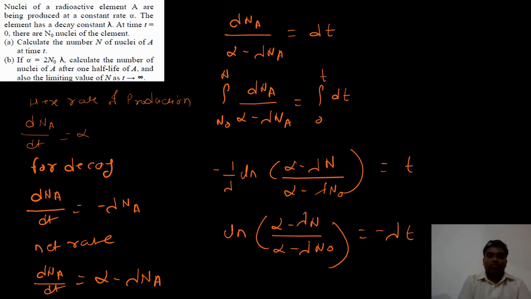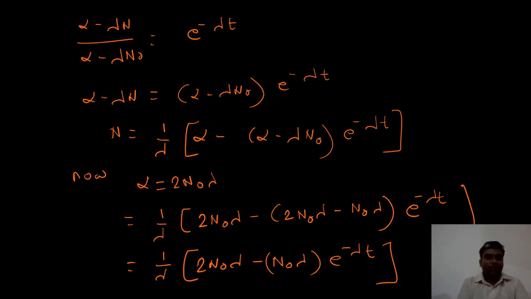If we transfer this lambda to the right side, we get ln of (alpha minus lambda N)/(alpha minus lambda N naught) equal to minus lambda t. Next, (alpha minus lambda N)/(alpha minus lambda N naught) is equal to e raised to minus lambda t, where we have transferred the ln to the right side.